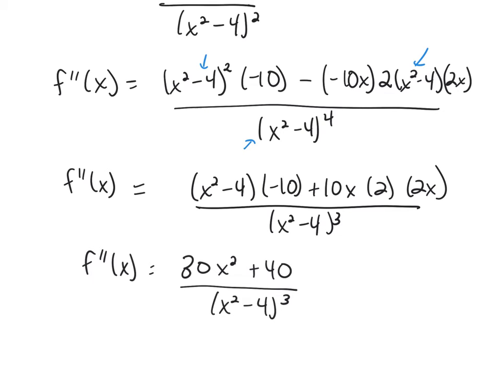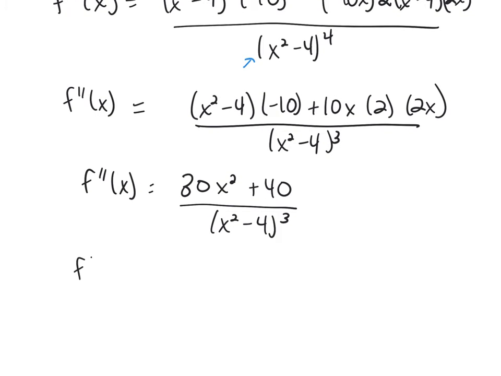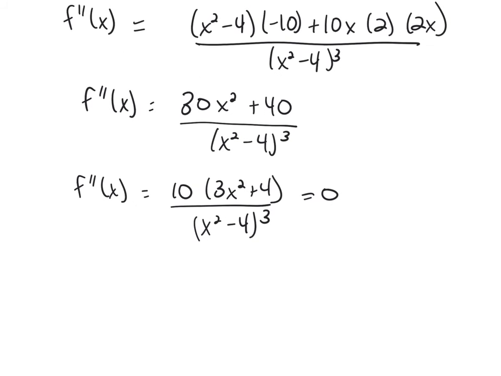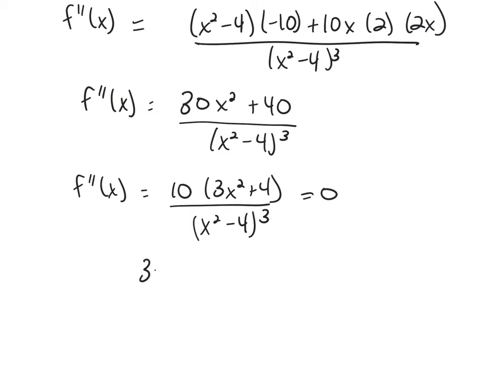And you can factor out a 10 out of the numerator. So if I try to set this equal to 0, well, what that really gives me is that 3x squared plus 4 equals 0.